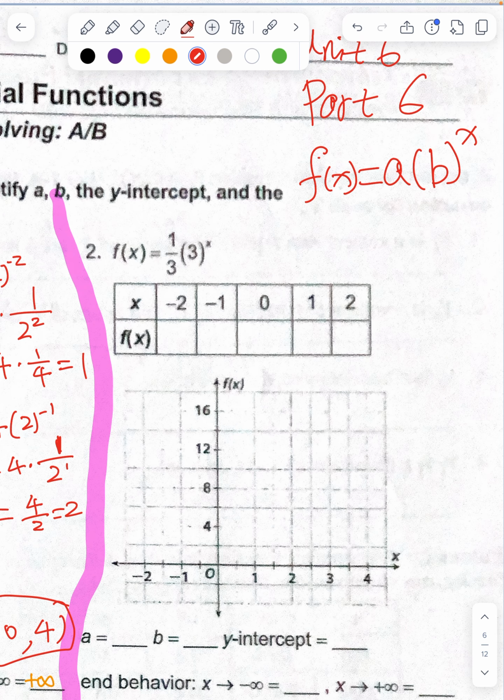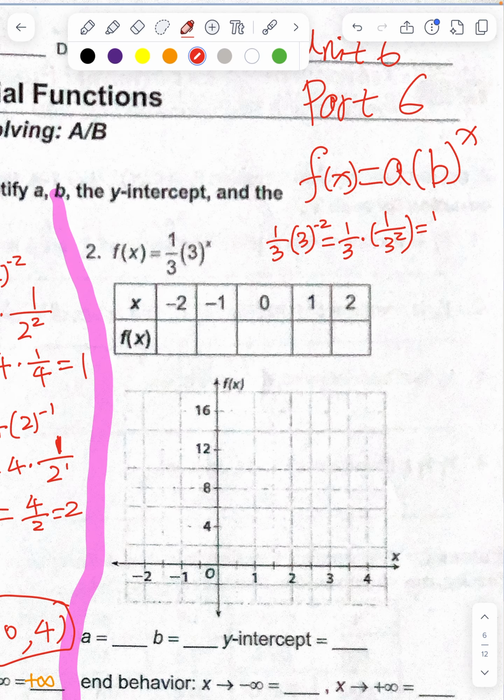So the y value is 1/3 times 3 raised to the -2 power, right? So this is 1/3 times 1 over 3 squared. I change the power to positive, and as a big fraction, 1 over it, right?